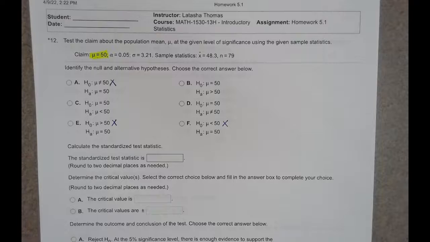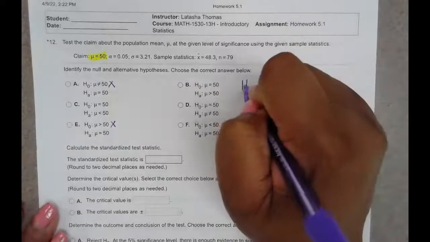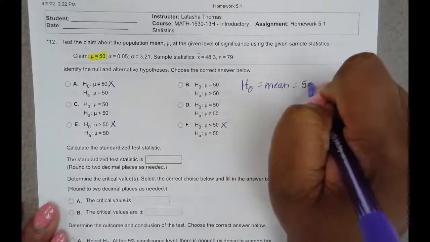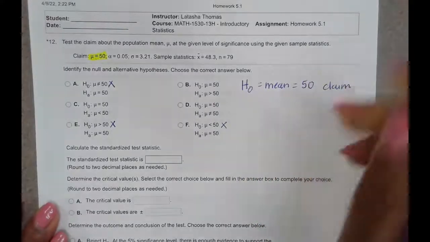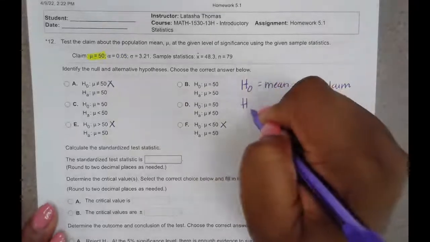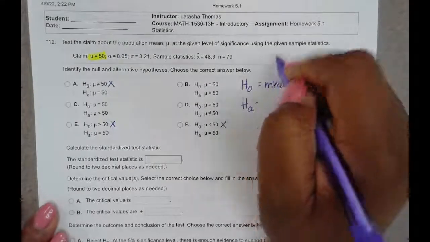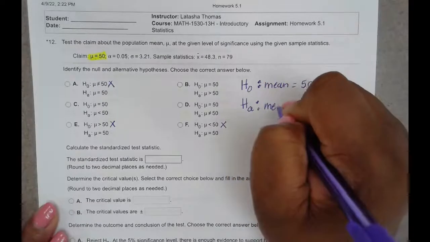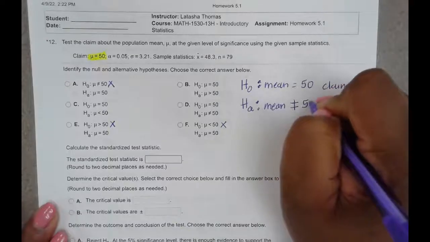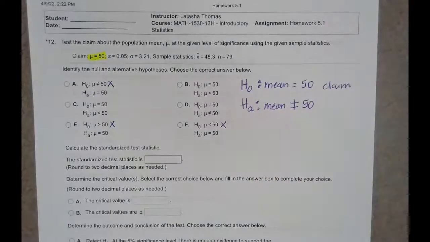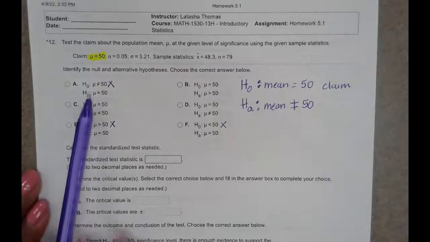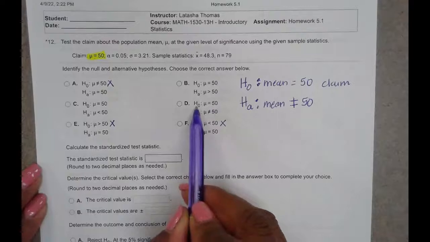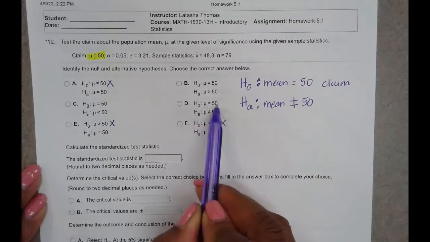So, now let's look at H null: the mean is equal to 50, and that's also the claim. So the complement or the converse of this is, I didn't mean the equal sign right there, guys, that the mean is not equal to 50. So now that I've narrowed it down to 3 items, let's look at those that are still viable. So here is my claim and H null.